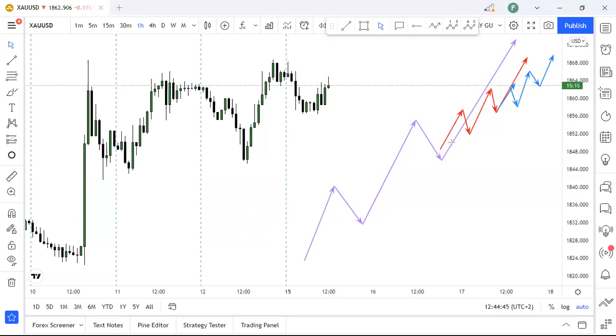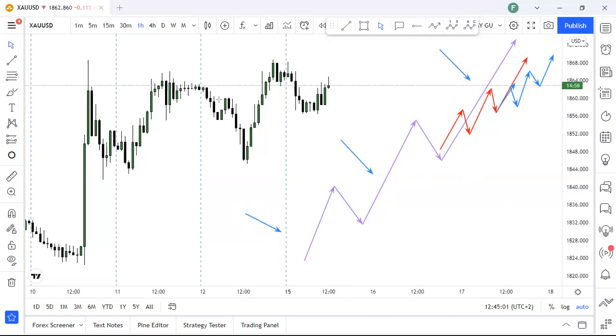The same thing that we saw happening on wave 3 is the same thing that can happen on wave 5, the same thing that can happen on wave 1. But only one wave can have the extension, only one wave.